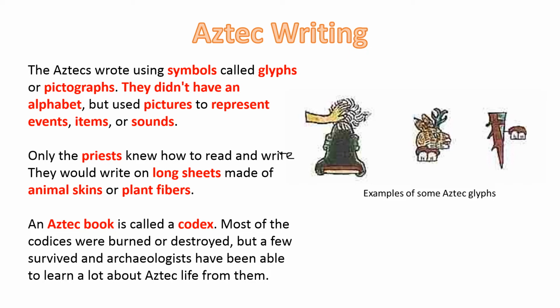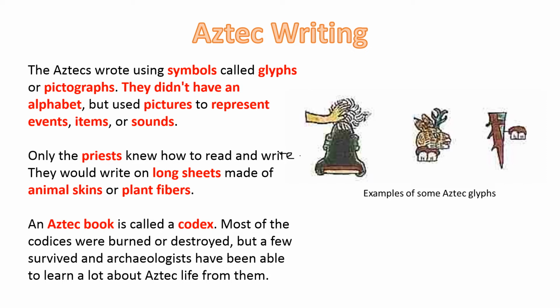And they would write on long sheets made of animal skins or plant fibers. So this is just like the Mayans, that only the wealthy people knew how to read and write, and in this case only the priests knew how to read and write. An Aztec book is called a codex.